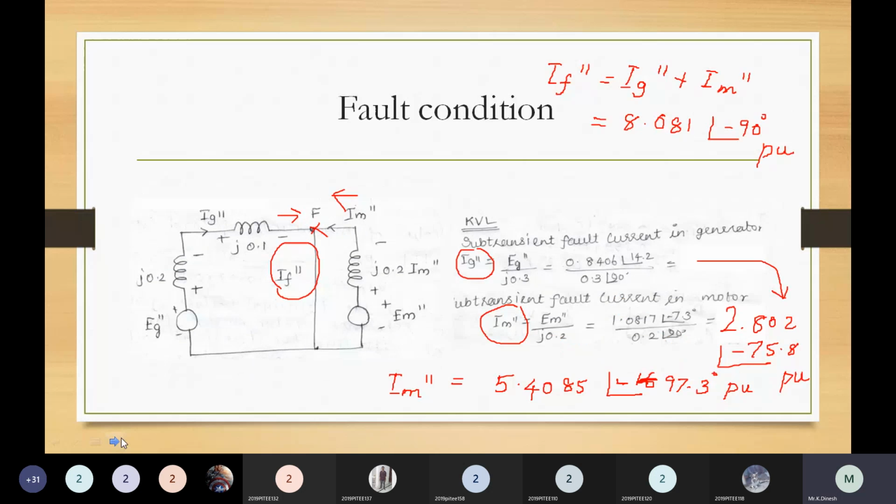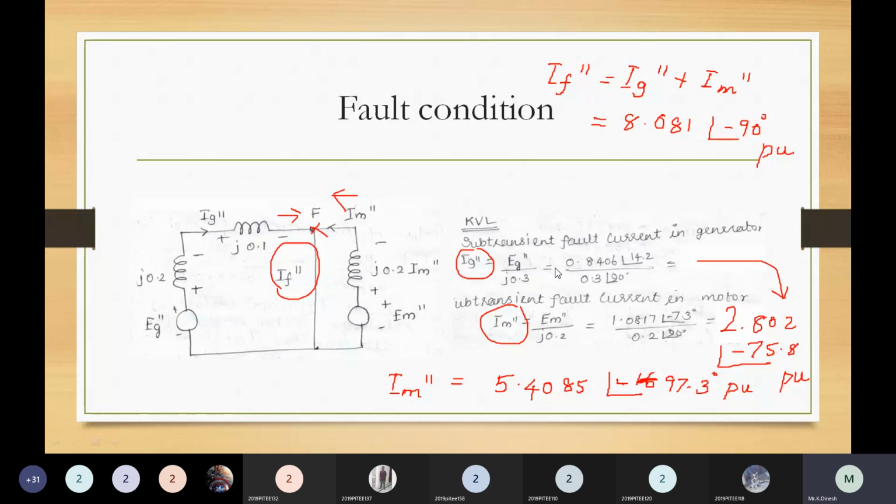And our intention is to find out the fault current, IF double dash. So at faulted condition, IF double dash is IG double dash plus IM double dash. So first we need to find the generator current as well as the motor current. By Ohm's law, IG double dash is EG double dash by J0.3.